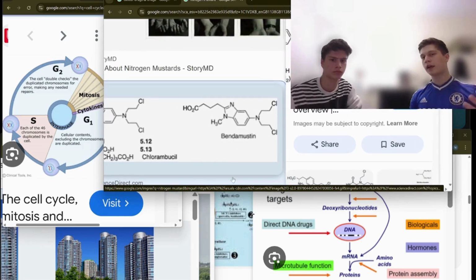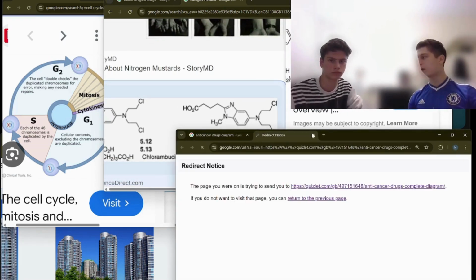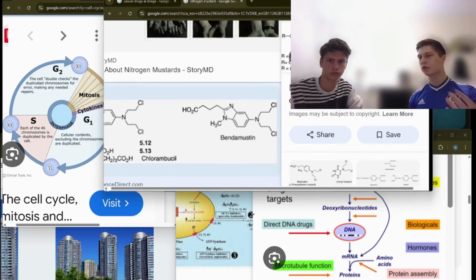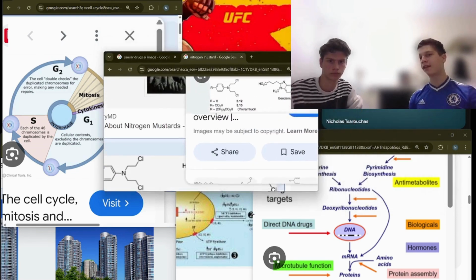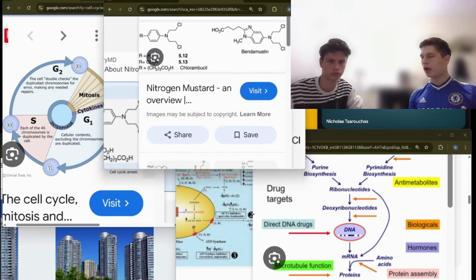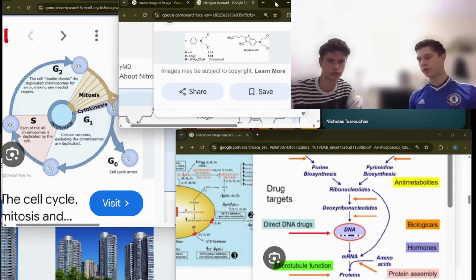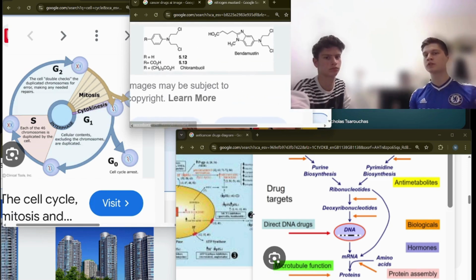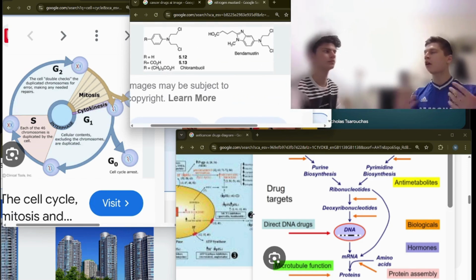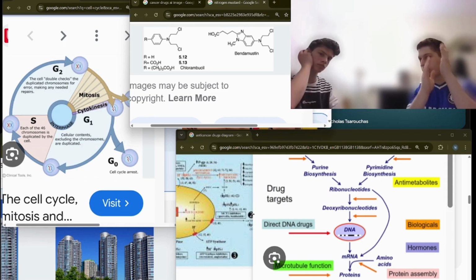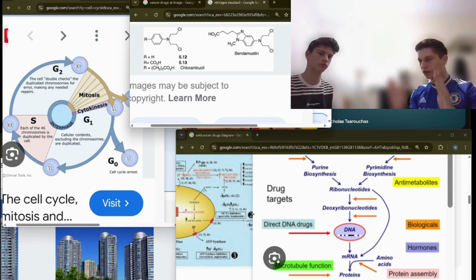This ammonium ion has a spare chloride group, which is very electrophilic, so it'll attack the O6, the oxygen at position 6, or the N7 of guanine. Then you have another chloroethyl group, because there are two, so you can attack two different guanines, and this is what causes your inter-strand cross-linking, but also intra-strand cross-linking. So you have cross-linking on one strand of the DNA and between the two strands.